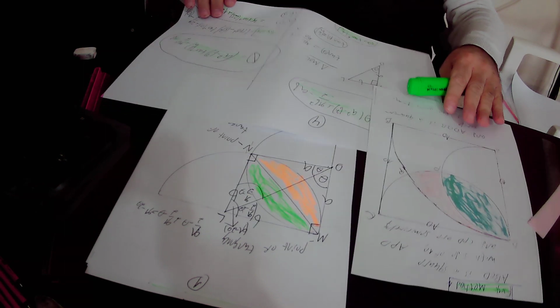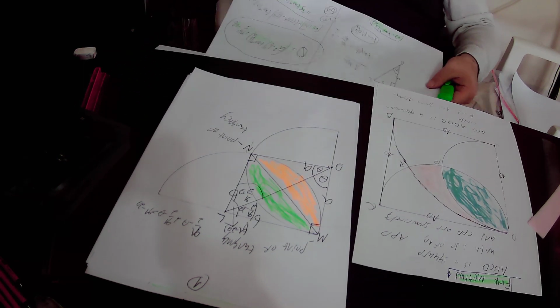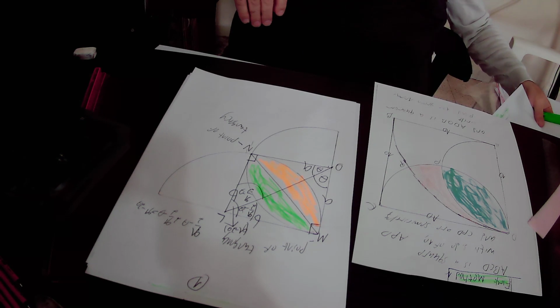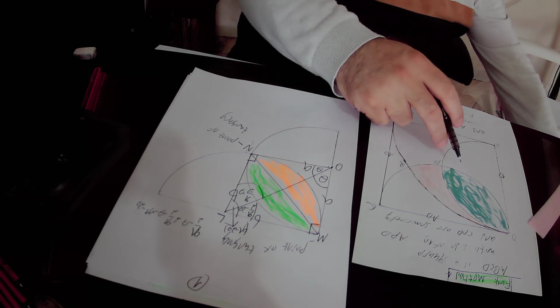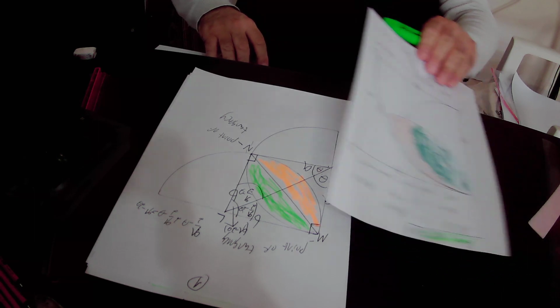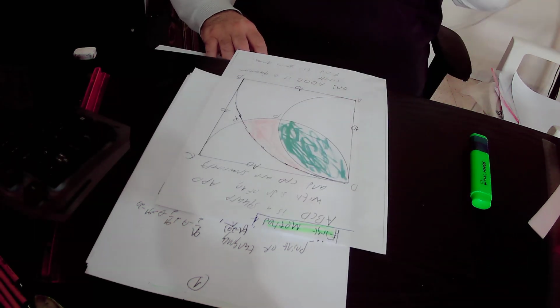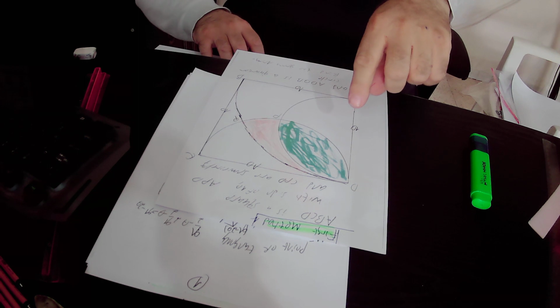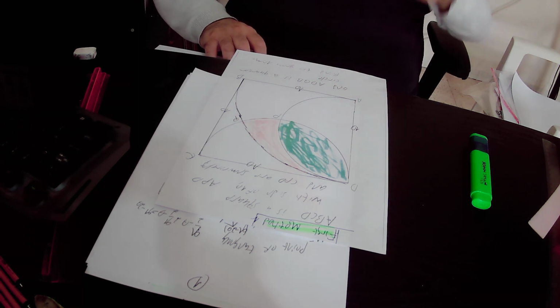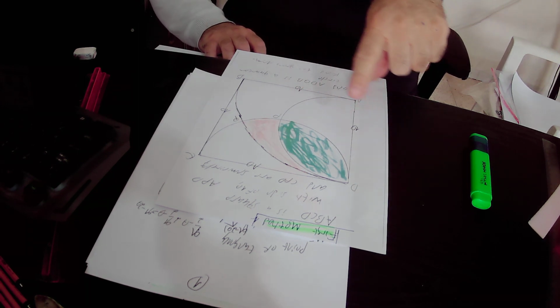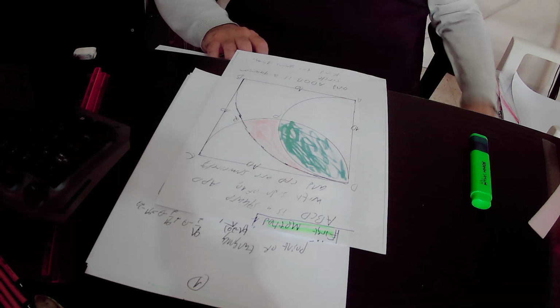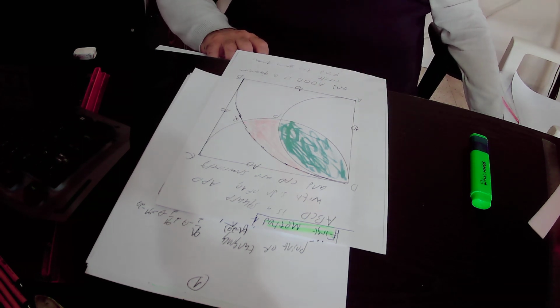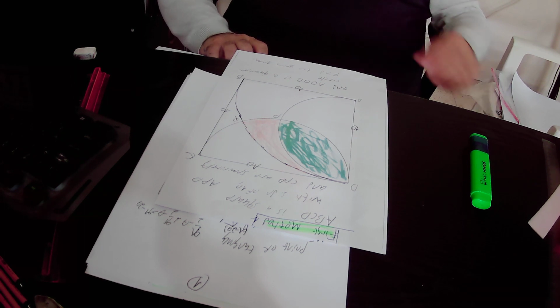In the next step, we'll find the area of the blue lens. The area of the blue lens was created by the intersection of the two semicircles with each other. So we have to find the radius of each semicircle, and we have already found that the radius of each semicircle is equal to 5 units.